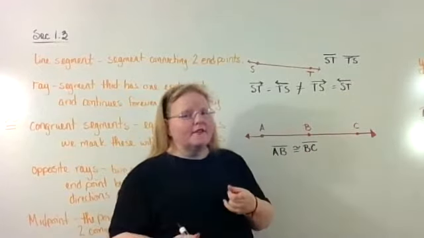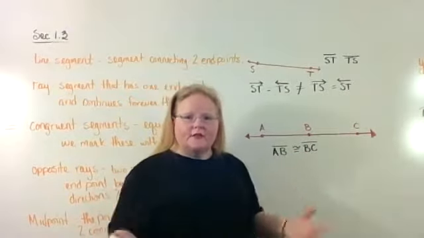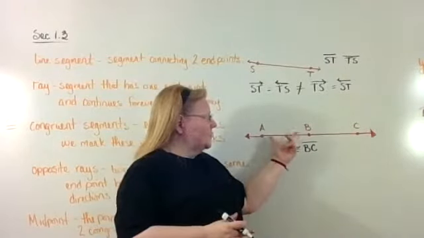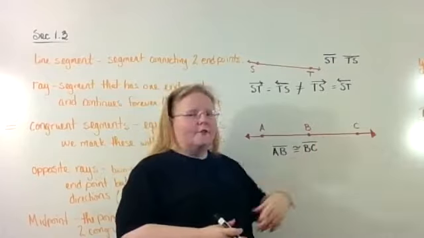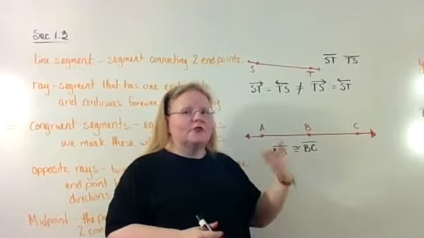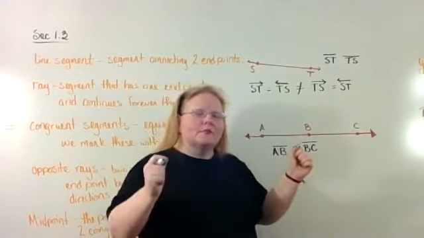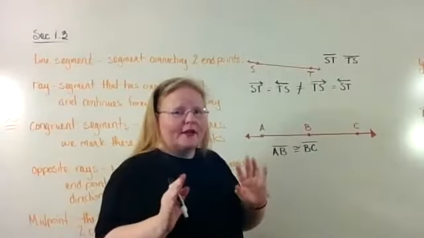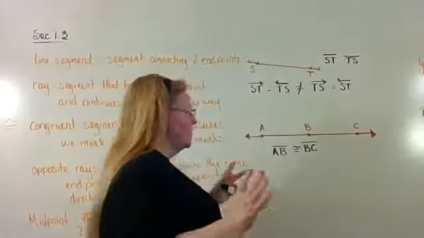So they must have the same distance. That's what the definition of congruence is. But we're talking about the actual thing. We're not talking about the measure of the thing or the distance of the thing. We're just implying that they are the same. So a little bit of a gray area, just kind of roll with it, it'll work.